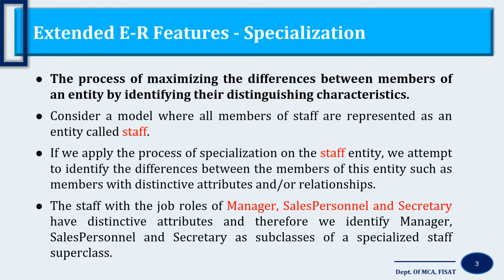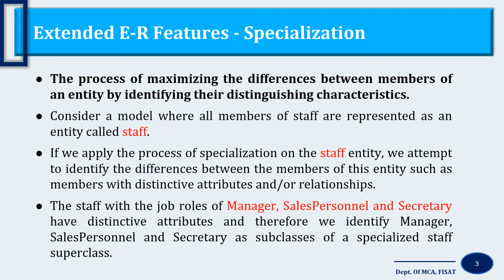As we said, the specialization and generalization concept is similar to the superclass-subclass relationship. Just keep that point in mind. The subclass will have some properties of the superclass, right? Similarly, in the case of specialization, it is a top-down process.